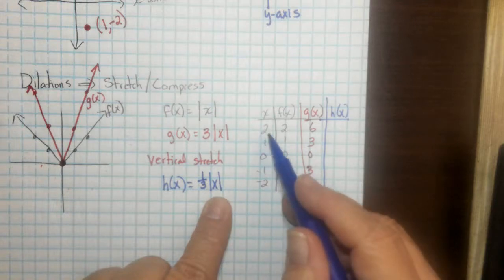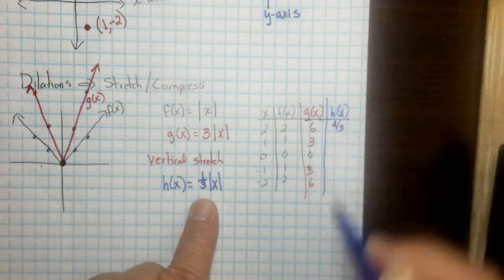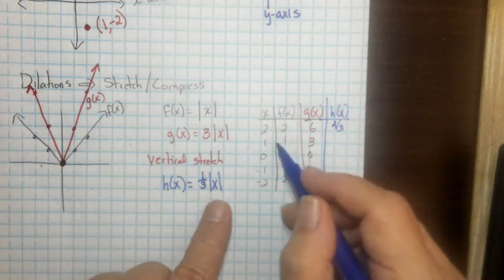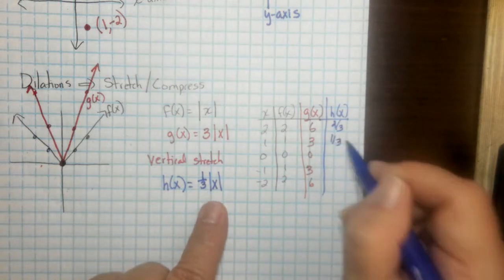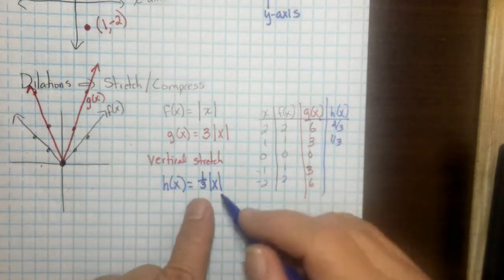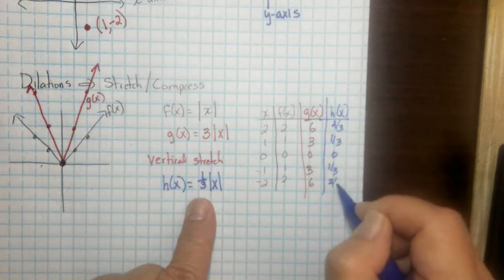So I plug in a 2, I get out a 2, and then I multiply and I get 2/3. I plug in the 1, I take the absolute value, and then I multiply and I get 1/3. I plug in the 0, 0 times a third is 0, and I get 1/3 and I get 2/3.